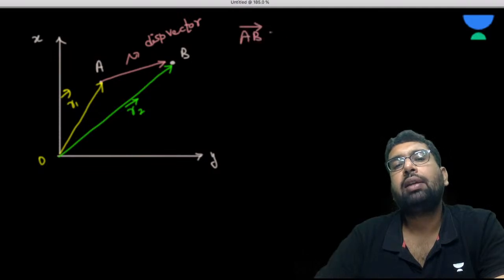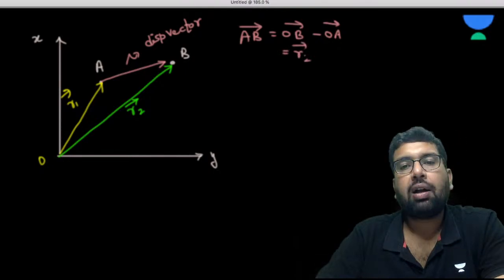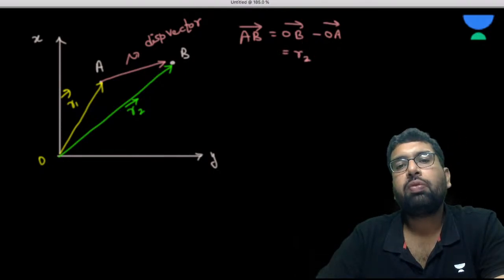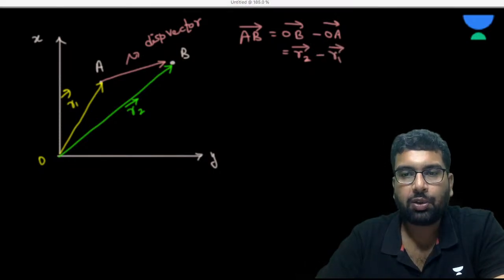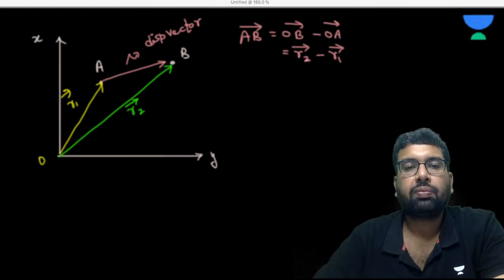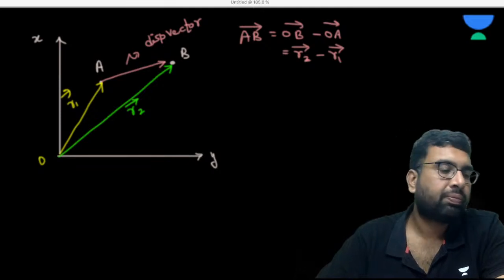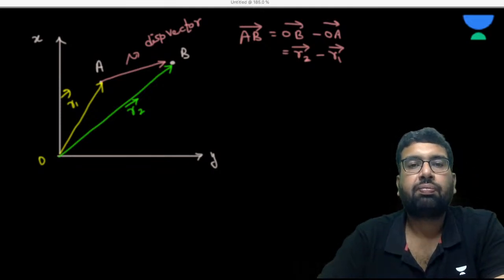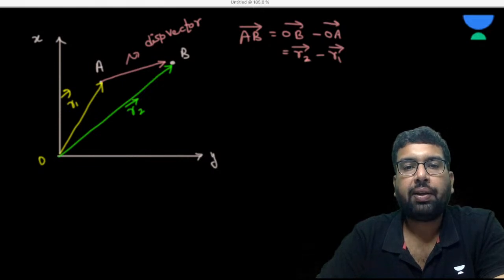We write it as OB minus OA, that is R2, the final point position vector, minus the initial point position vector. The difference between these two gives you the displacement vector. So this much we have seen in the last session.